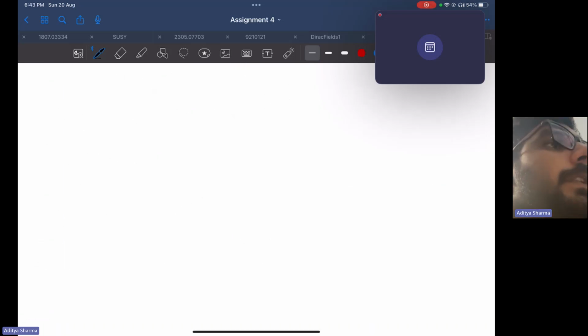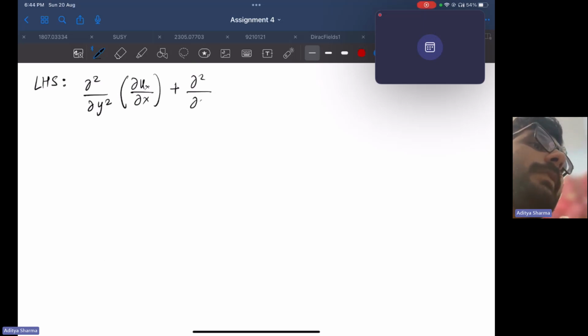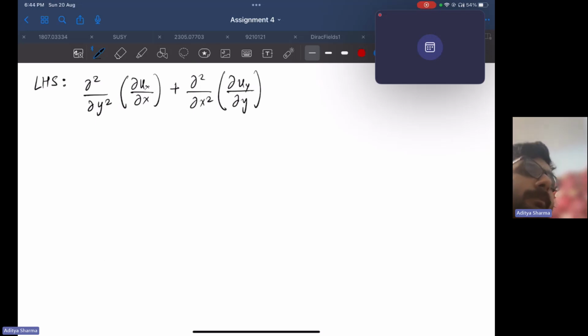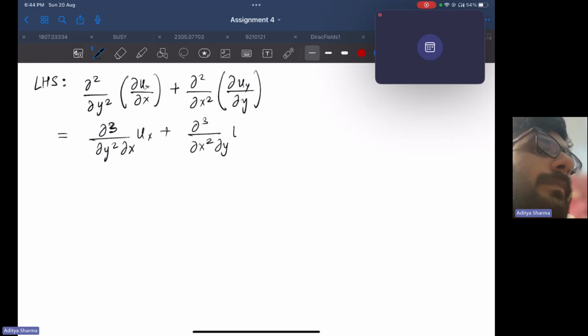So let us verify that LHS equals del square epsilon xx by del y square plus del square epsilon yy by del x square, with epsilon xx being del ux by del x and epsilon yy being del uy by del y. This is equal to del cube ux by del y square del x plus del cube uy by del x square del y. And yes, you get this.